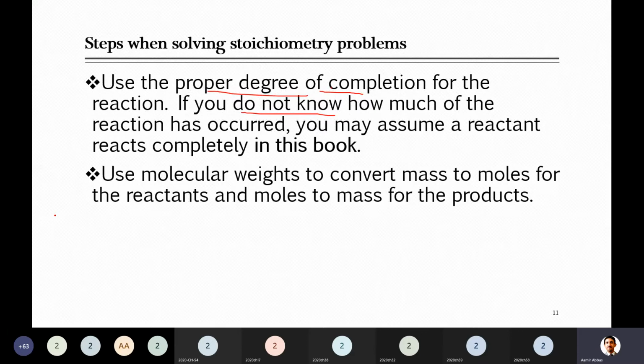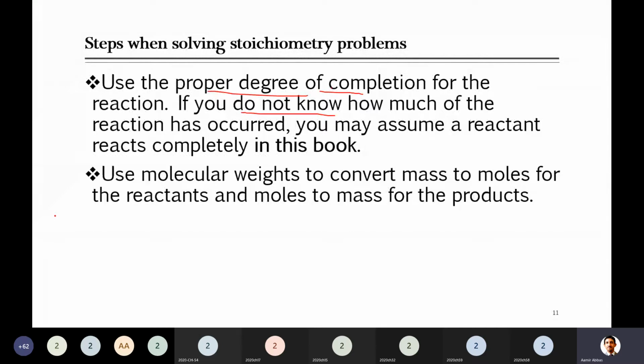For example, 50 moles of CH4 were consumed. Can I convert it to mass? Yes, simply use the old concept of moles: moles equal mass over molecular weight. If you need mass, just multiply the moles by the molecular weight.